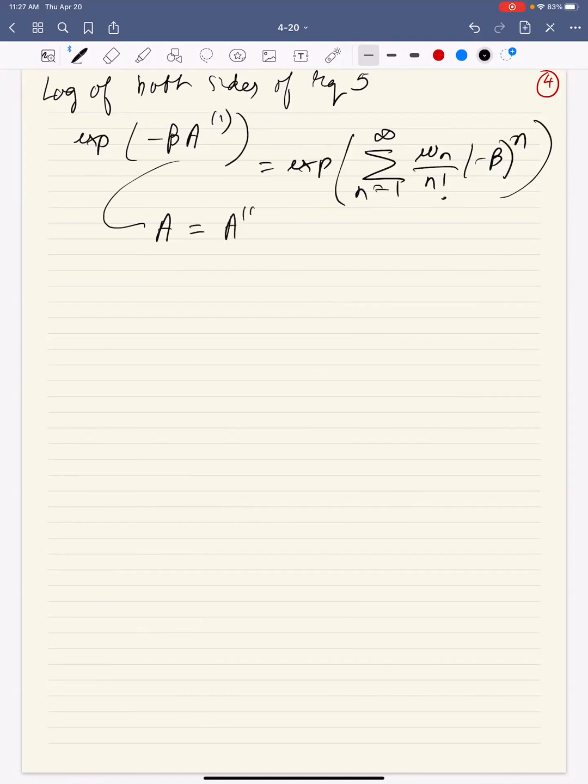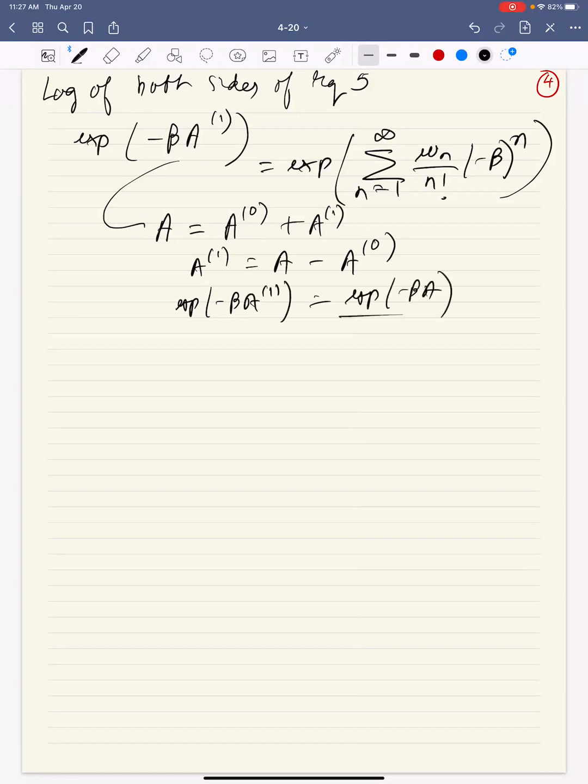A was A0 plus A1, right? This is how we defined the change in free energy. So what does this mean? This means A1 is equal to A minus A0, right? Therefore, exp of minus beta A1 is equal to exp of minus beta A divided by exp of minus beta A0. What is this ratio equal to?